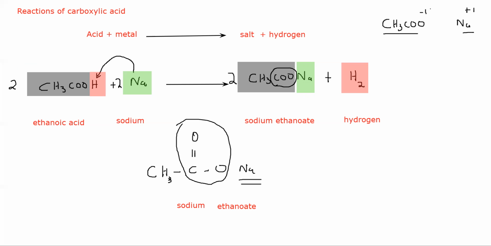I'll give another example. This is acid reacting with metal. So CH3COOH plus Mg. So what will be the product? Because magnesium is more reactive, magnesium will displace this hydrogen. CH3COO.